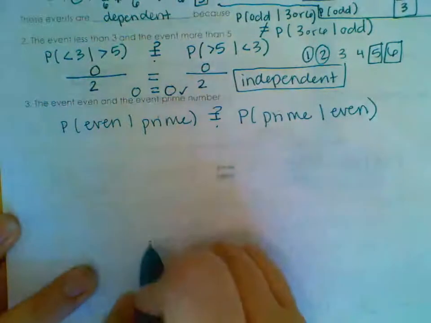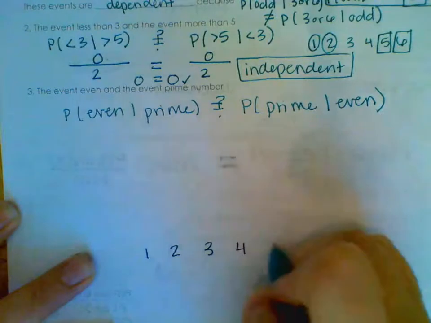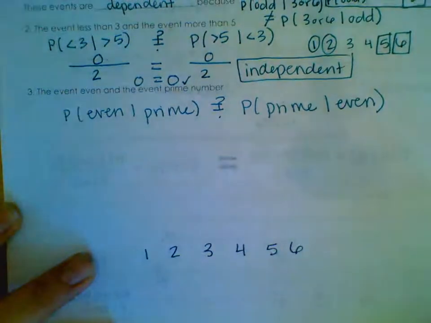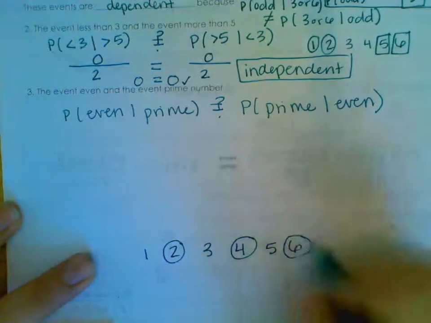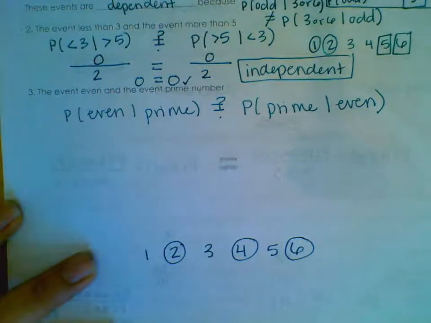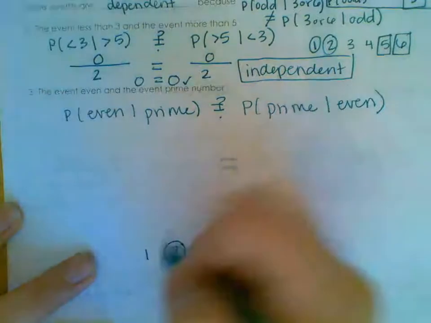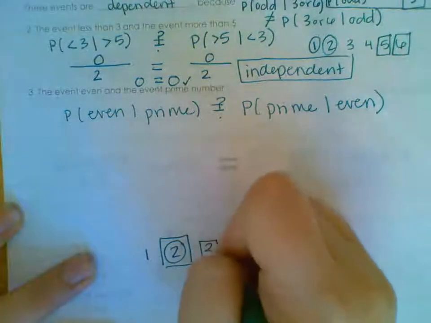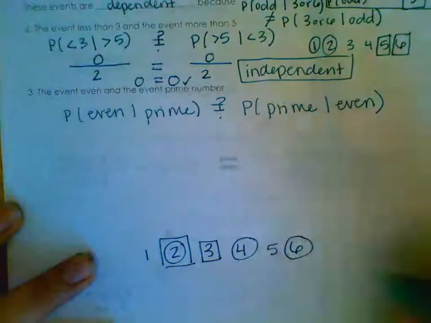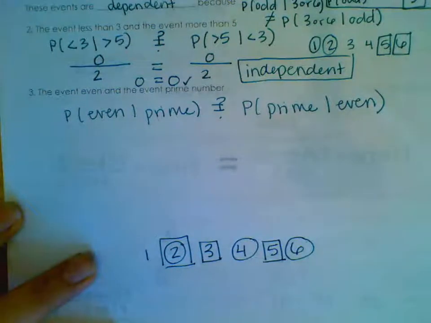I'm going to write them down over here: 1, 2, 3, 4, 5, and 6. I'm going to circle all of our even numbers: 2, 4, and 6. And I'm going to box our prime numbers. Remember that 1 is not prime. That's one that people always forget, but it is not prime. 2 is a prime number, 3 is a prime number, 4 is not, 5 is a prime number, and 6 is not.